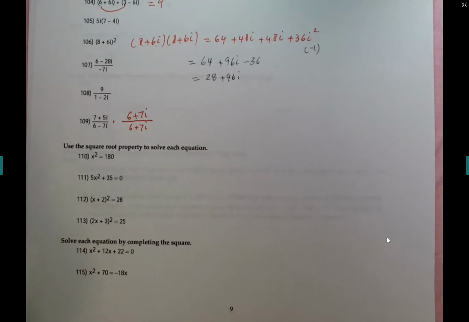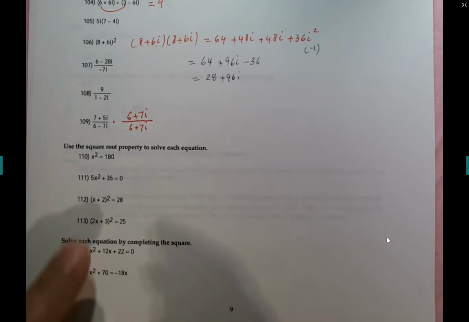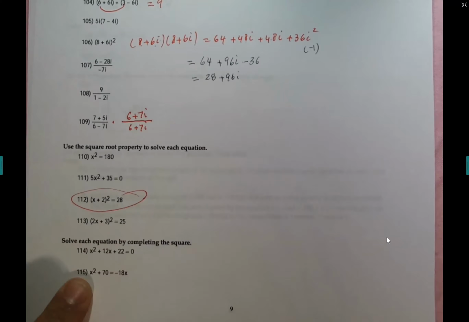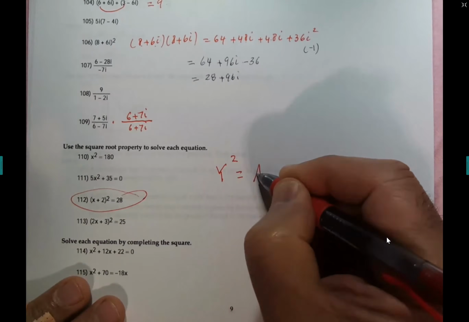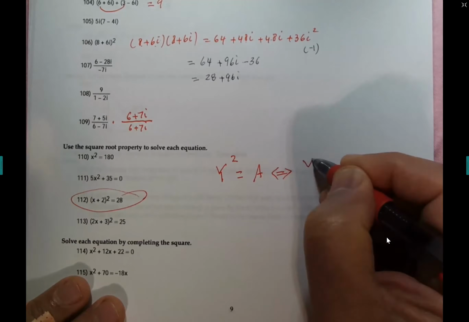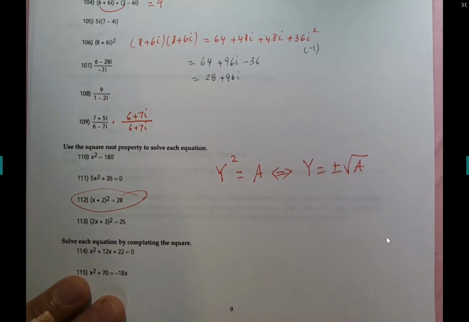Use the square root property to solve an equation. For example, 112. How do I solve (x plus 2) squared equals 28 using the square root property, guys. y squared equals a means y equals plus or minus square root of a. That is what the square root property is.